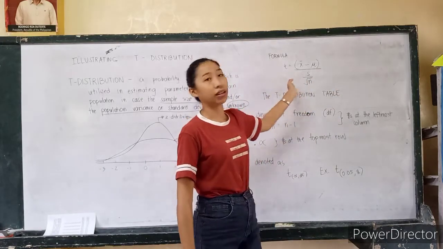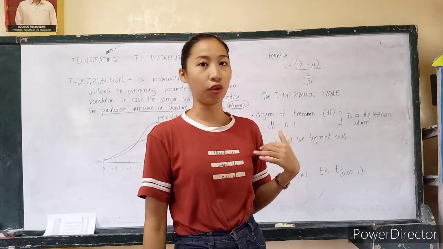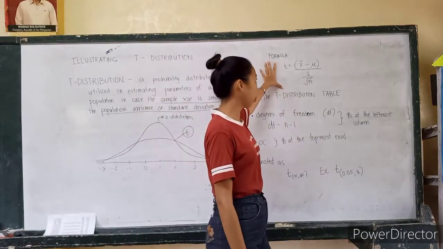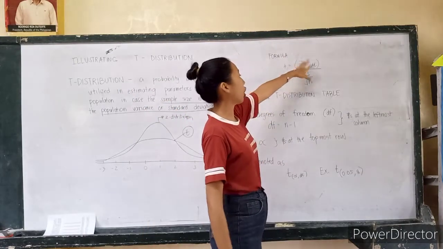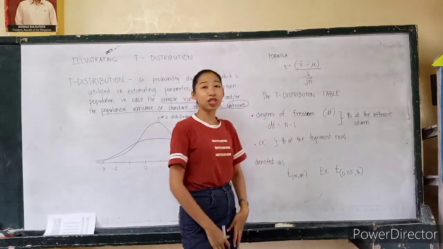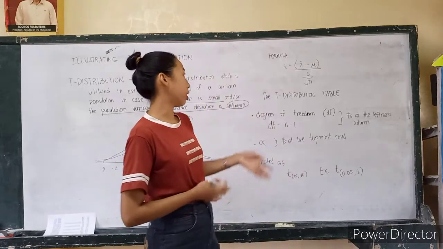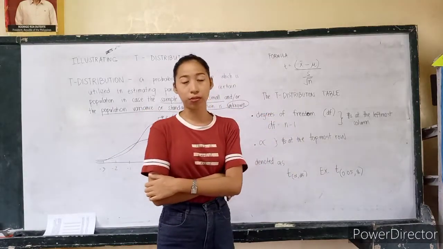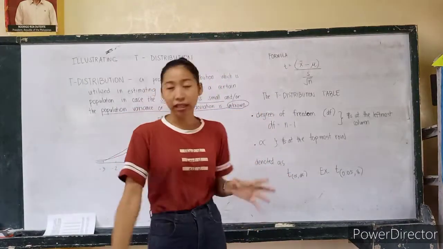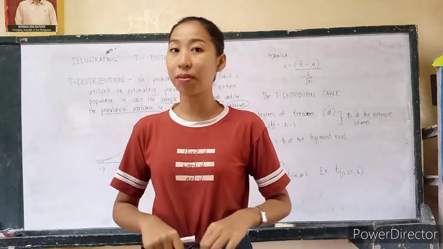Later on, when there are problems in the next lessons, we will use that formula. But today, I am just going to present it and define the symbols. Let's go directly to our main topic for today, which is the t distribution table as well, if you look at your activities. The z distribution has its own table.